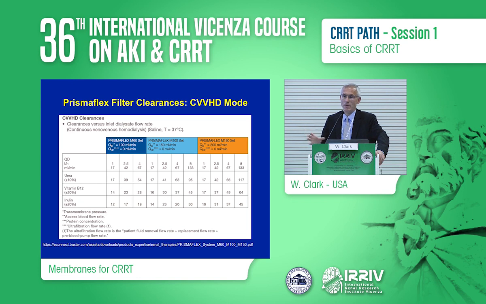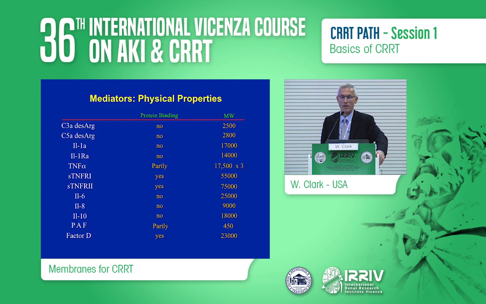So there have certainly been developments over the last decade or so moving toward higher blood flow rates, higher dialysate flow rates, and higher membrane surface areas. And this slide captures some of those considerations, or what should be considerations in the prescription of the therapy.